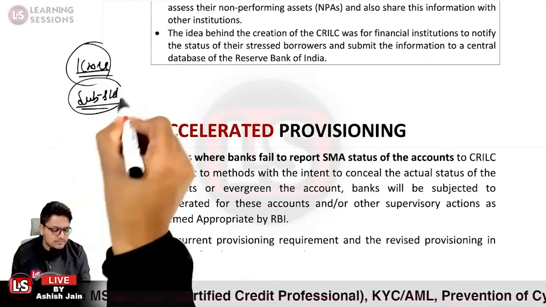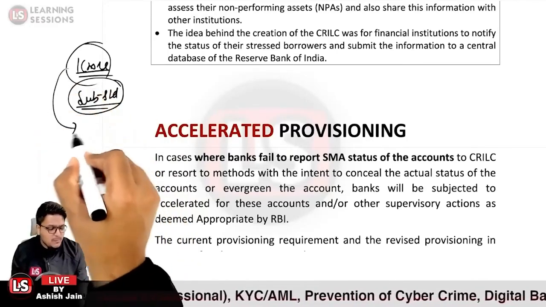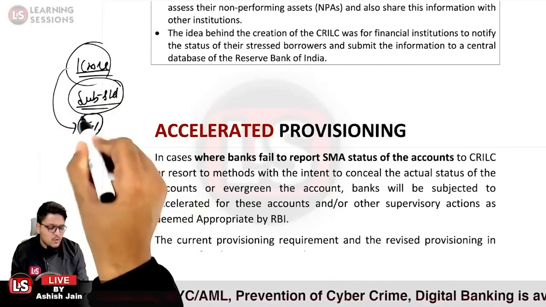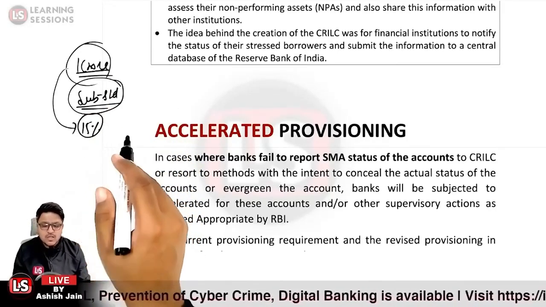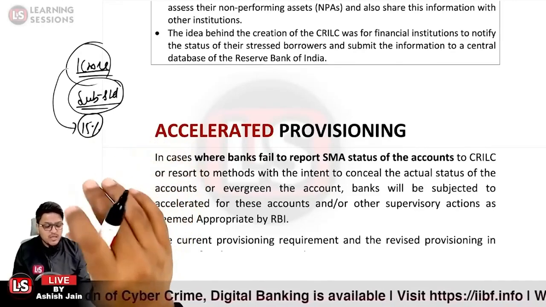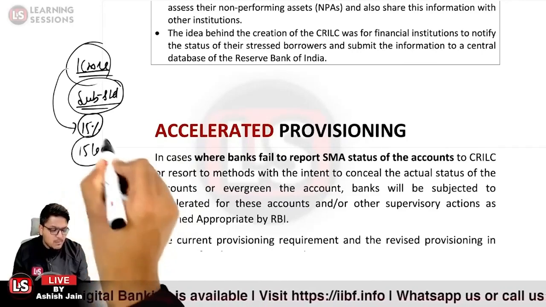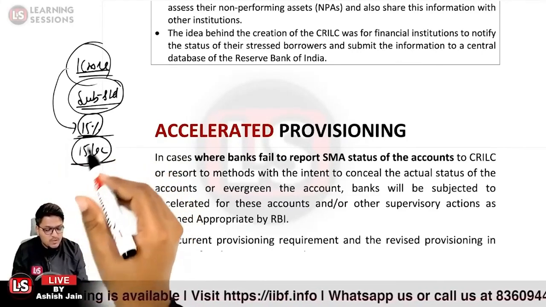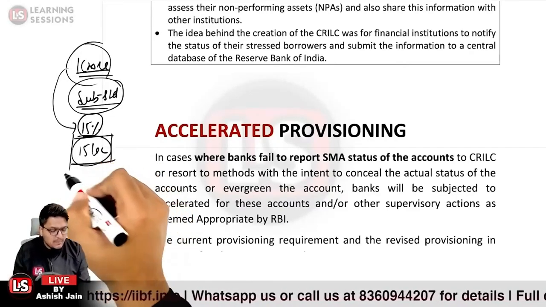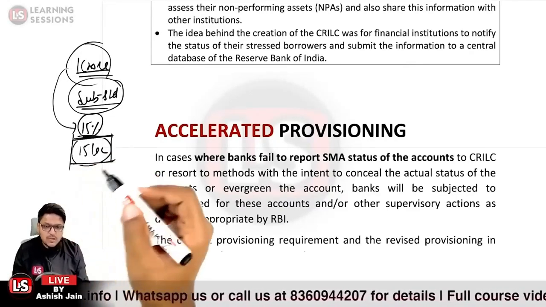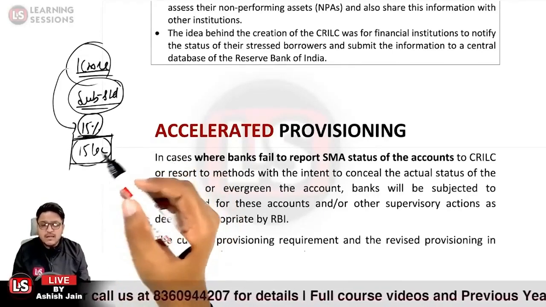Now what is the loss to the bank? The bank is to maintain 15% provision. Even if this loan is a secured loan, the bank is to maintain 15% provision against this account. 15% provision means a provision of 15 lakh rupees must be created by the bank. Now it is a loss to the bank, because the bank will not be able to invest or lend this money further.